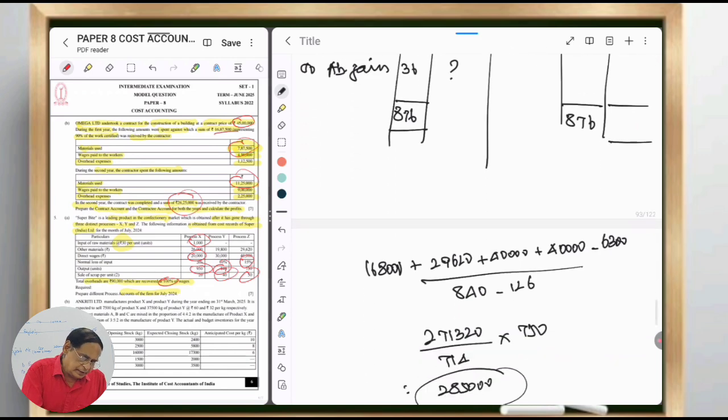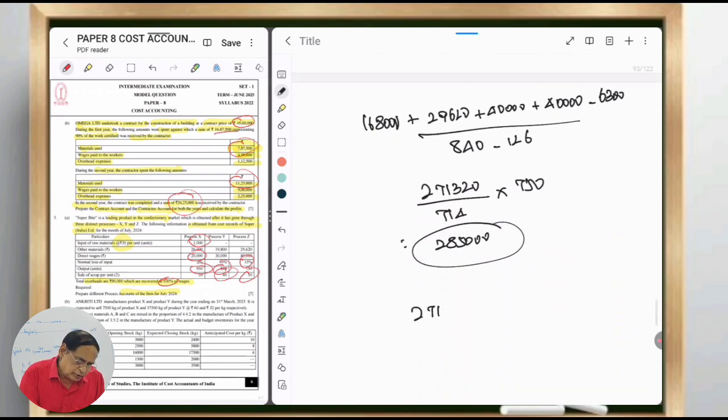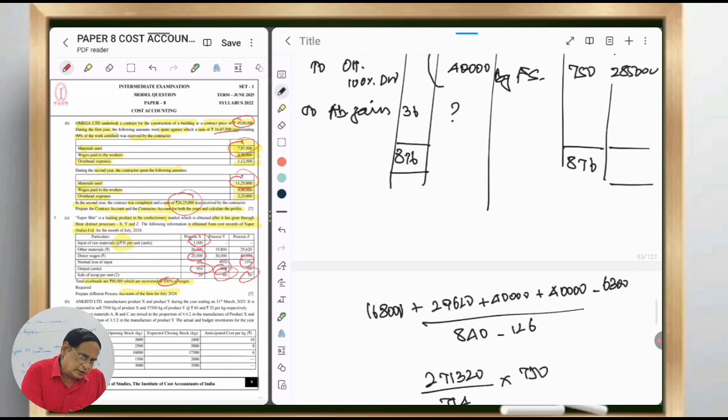So what is abnormal gain? 2,71,320 divided by 714 into abnormal gain of 36 units, that is 13,680.